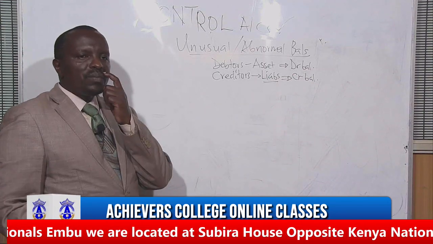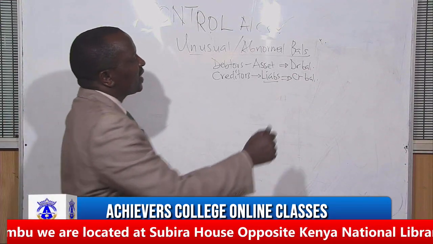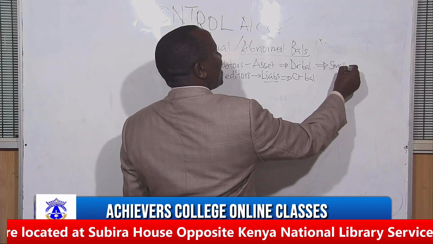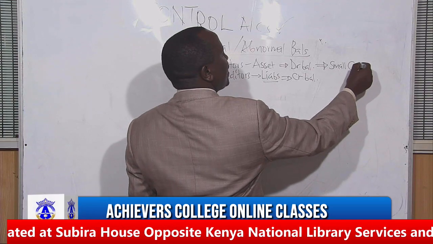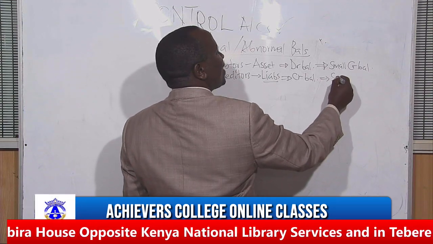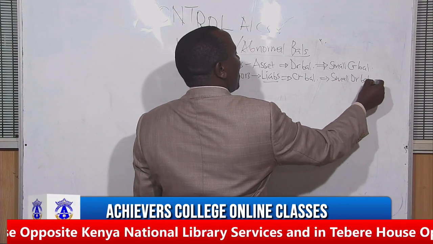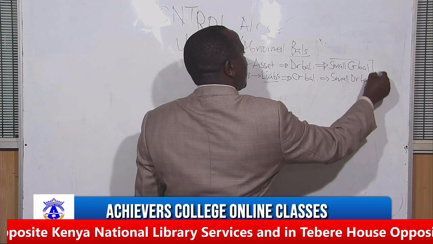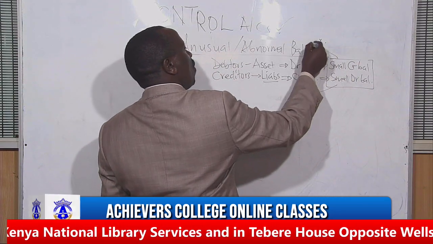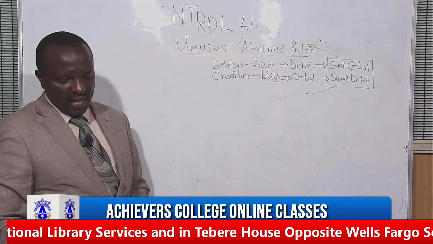But there comes a situation whereby the debtors have a small credit balance, and creditors similarly have a small debit balance. This is what we call abnormal balances.